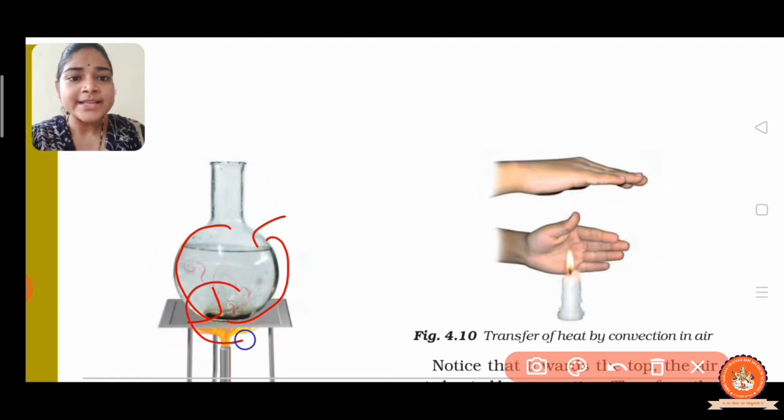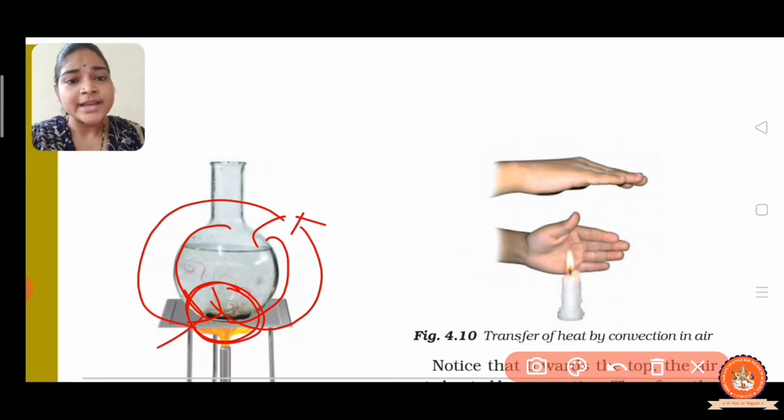Now again this water becomes hot and rises up, and the cold water again moves downward towards the source of heat, right? So this process is continuously running. Due to the violet color, the current going up and down can be clearly visible.